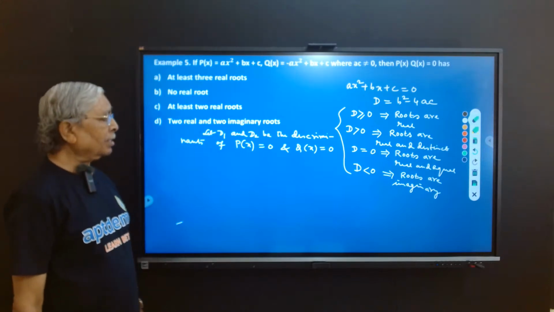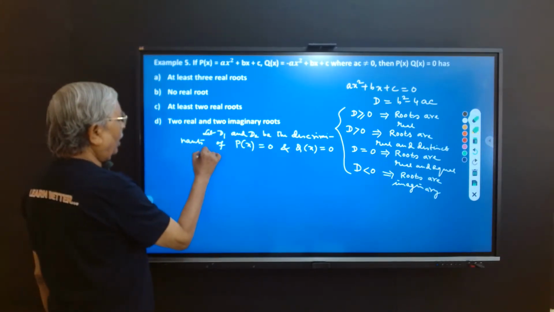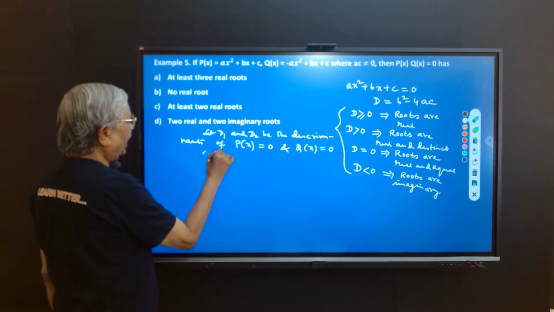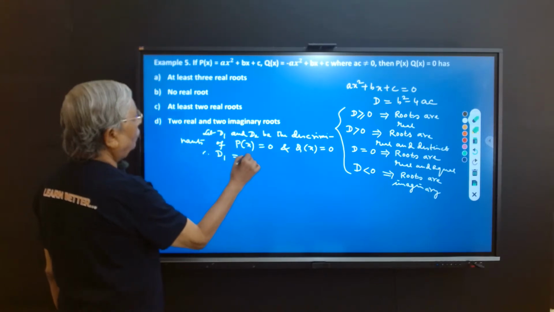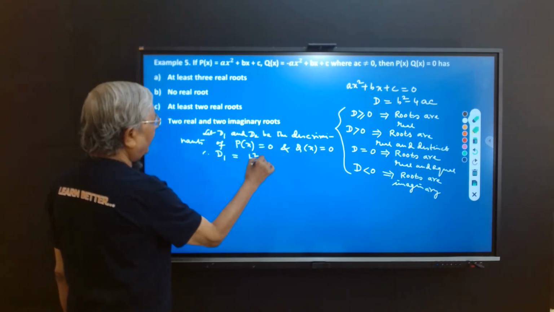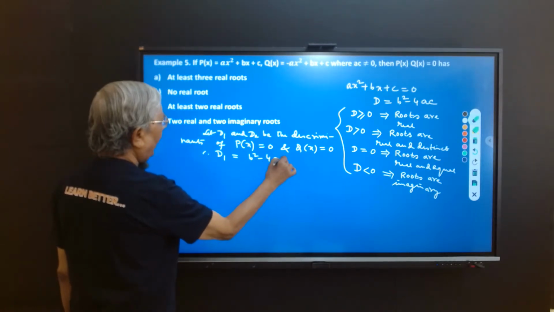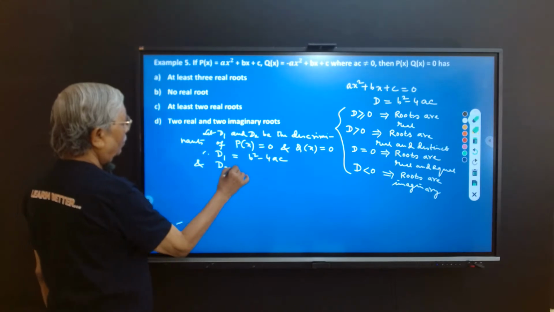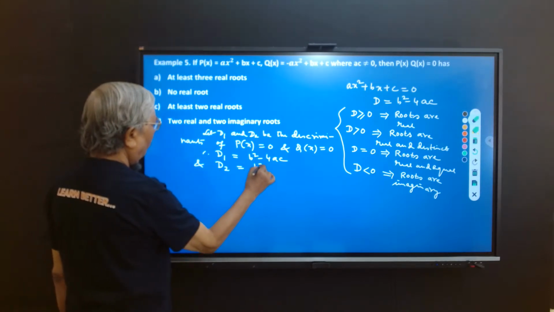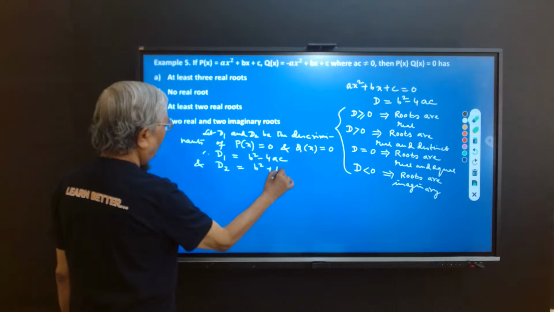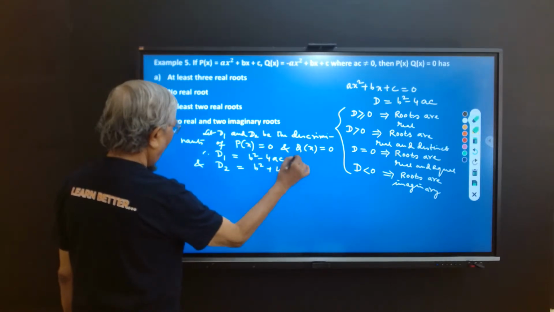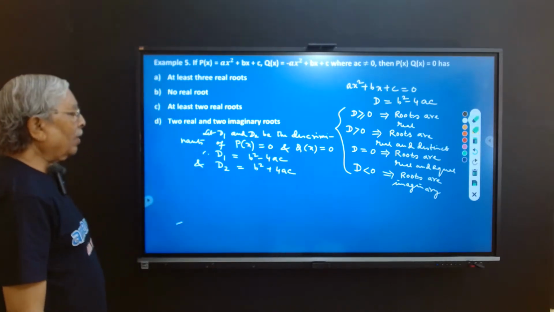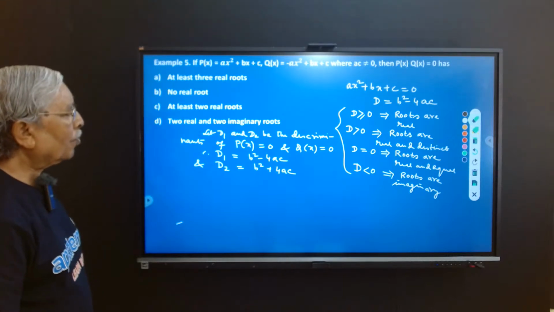The discriminants of this. So what is our d1? Therefore, you can write d1 is equal to b square minus 4ac, and d2 is equal to b square plus 4ac.